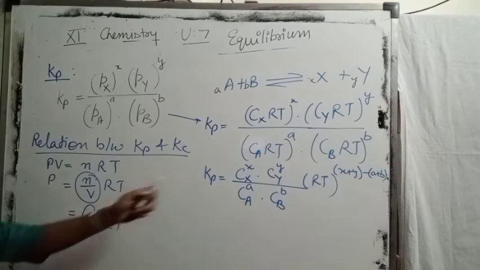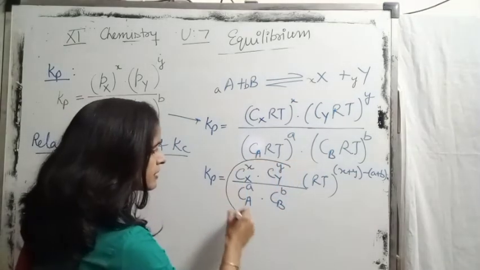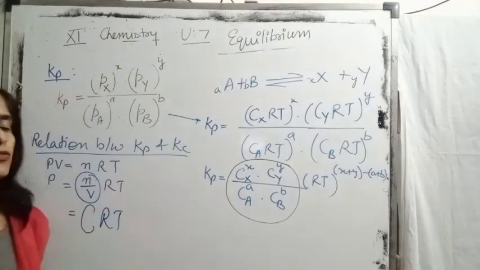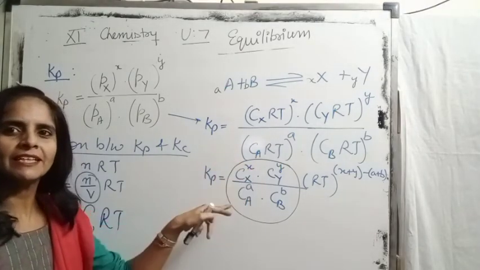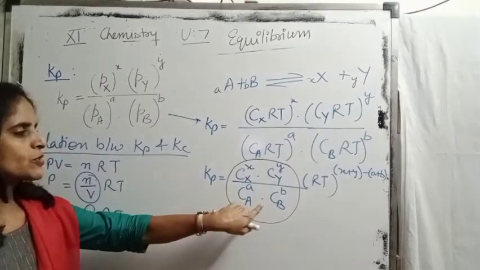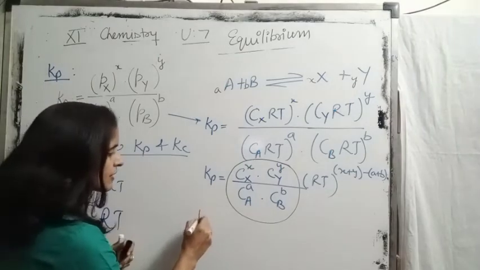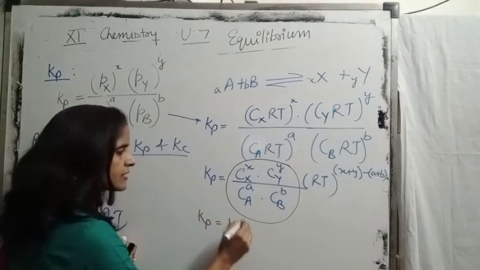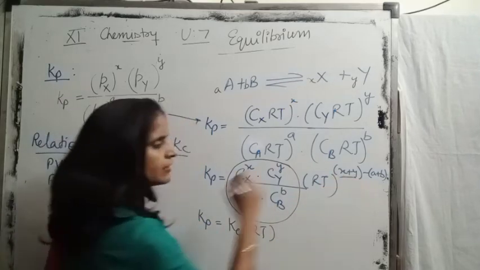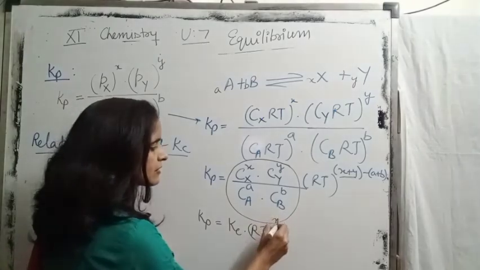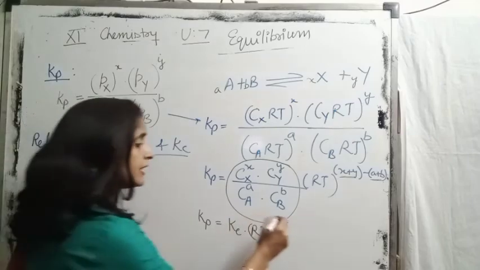Now compare this expression with the expression of Kc. This is the formula for Kc: the ratio of molar concentration of products to that of reactants, each one raised to the power of their coefficients of the balanced equation. So in place of this we may write Kc. So from here Kp equals Kc into RT raised to the power X plus Y, these are the number of moles of products, minus A plus B, the number of moles of reactants.